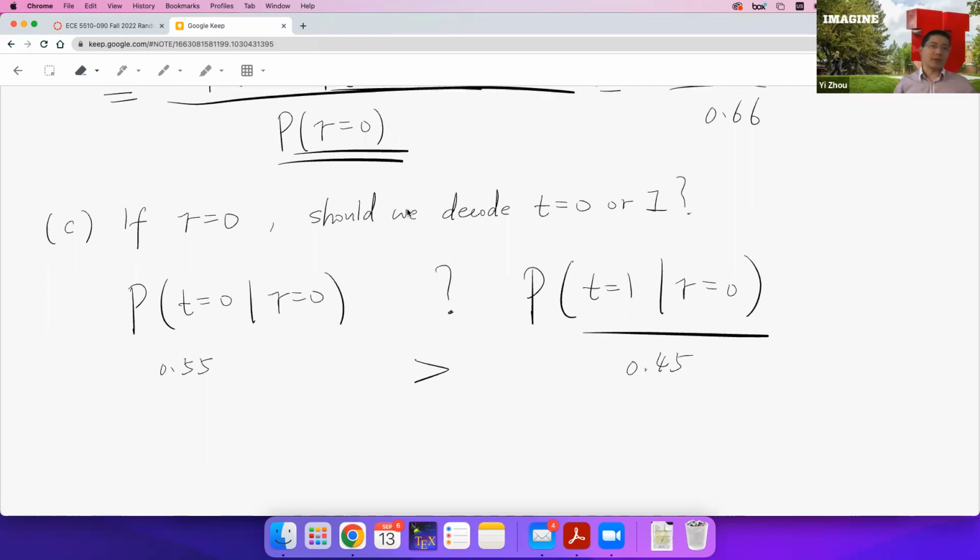Right. So this is exactly what happens in communication devices. We compute these probabilities to decode the message. But of course, this is a very basic channel.